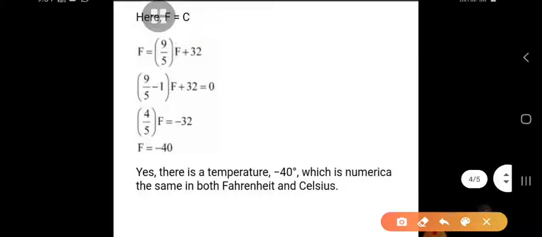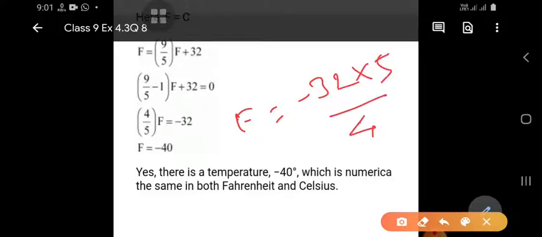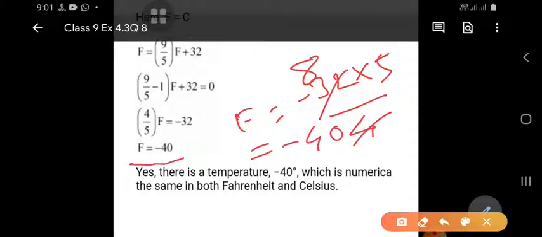Now F is equal to minus 32 into 5 by 4, so cut 4, 8 is 32. Now minus 8 into 5, that is minus 40. Look at it, F is equal to minus 40.